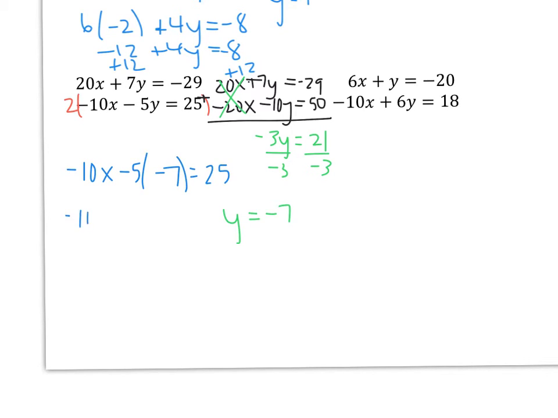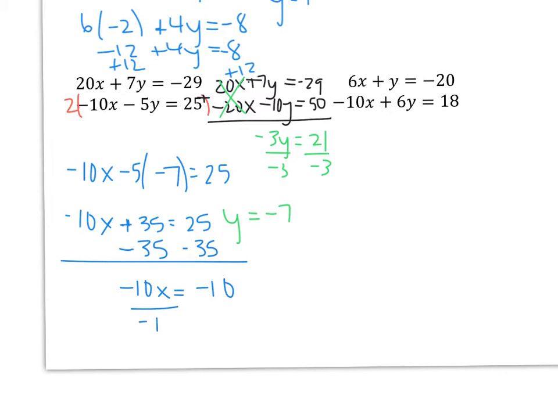So negative 10x plus 35 equals 25. And we'll go ahead and subtract 35. Divide by negative 10. X equals 1. So writing my final answer as an ordered pair would be 1, comma, negative 7.